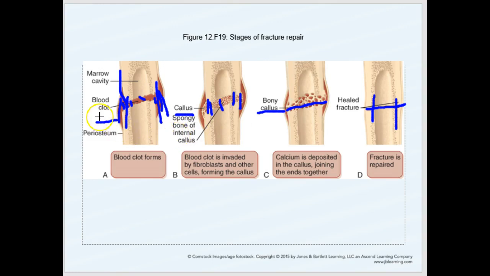Okay, so important things to remember. Blood clot brings in white blood cells and red blood cells to fix the area and also clean the area out of infectious agents. It turns into a cartilaginous precursor to the bony callus, which will eventually remodel into the compact bone and the little bit of spongy bone on the inside.